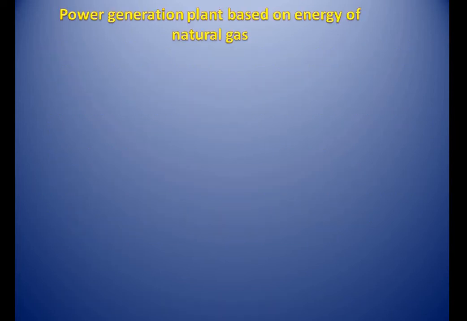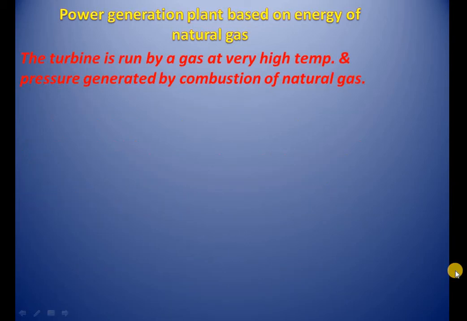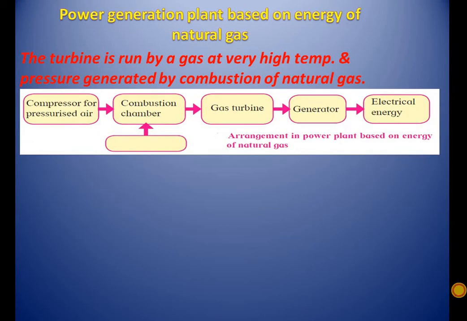Now, let's study the power generation plant based on the energy of natural gas. In this power plant, the turbine is run by a gas at very high temperature and pressure generated by combustion of natural gas. Here is the flow chart showing various stages in the natural gas power plant.